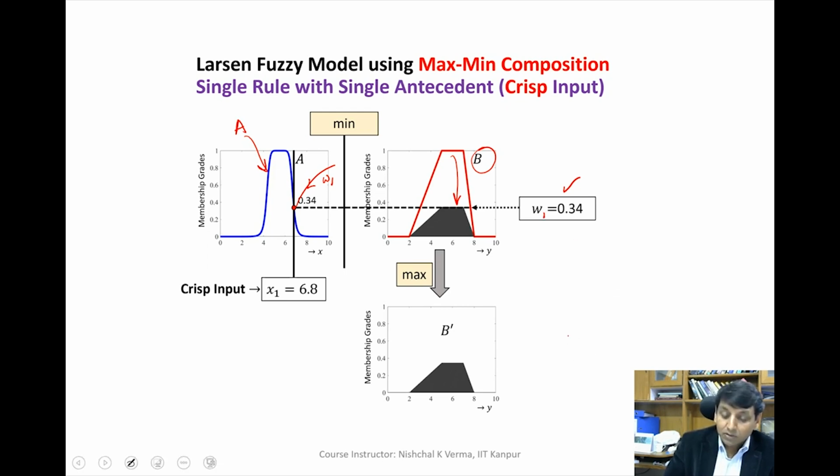So what is the outcome here? Let's say the output fuzzy set is B dash. What is the corresponding membership function for this B dash fuzzy set?